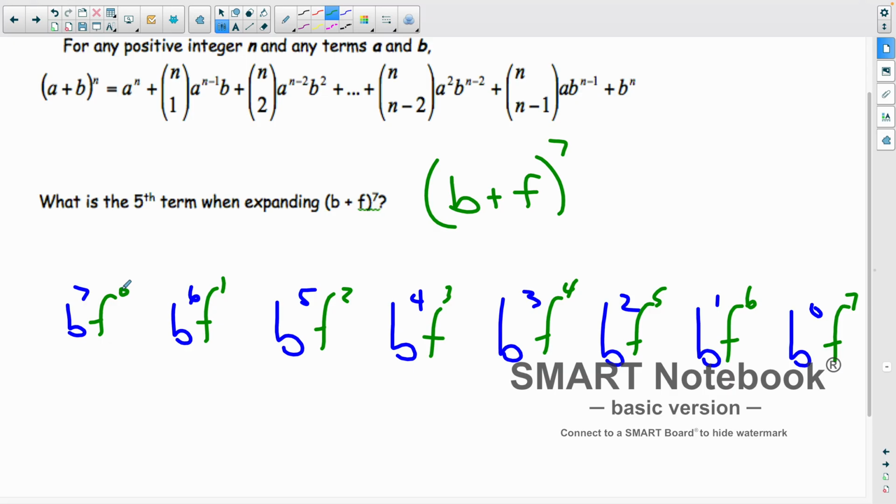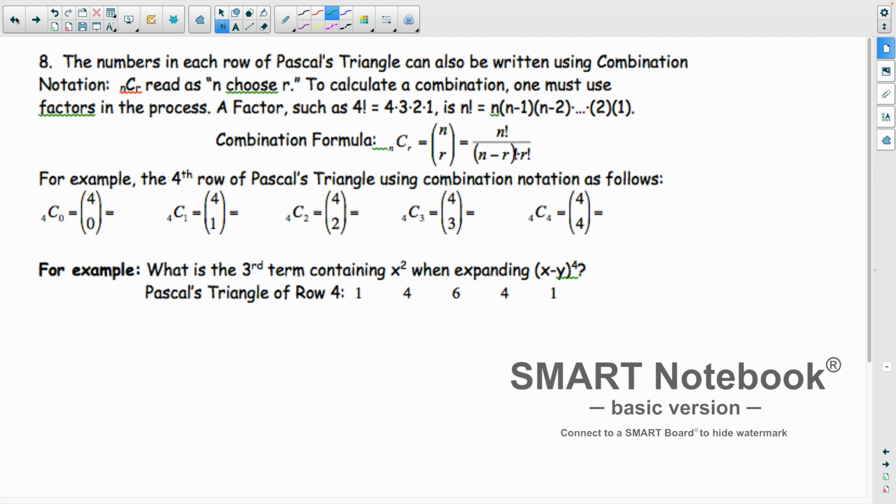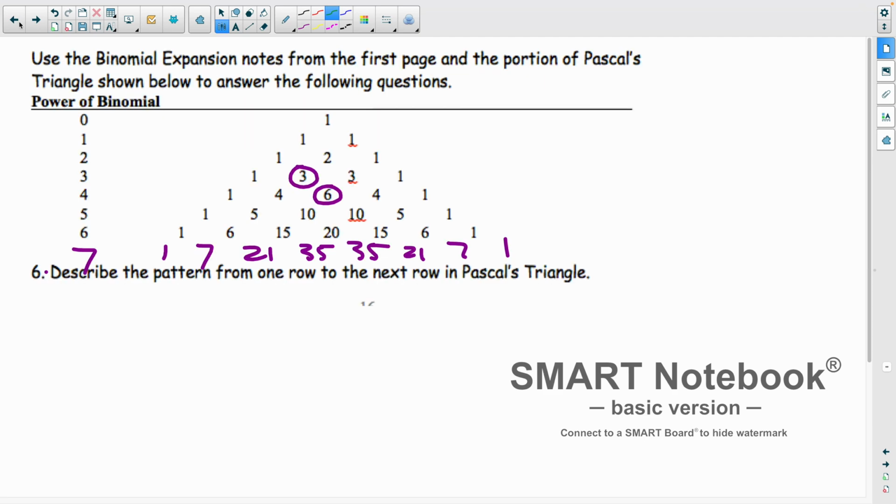Now, what I'm missing there is the numbers that go in front. So if I use my Pascal's triangle, these numbers that I just came up with were for when the degree was 7. This is B plus F to the 7. So since it's 7, all these numbers would go in front of the terms. Are we going to be given that? I'm going to show you another way around it though.